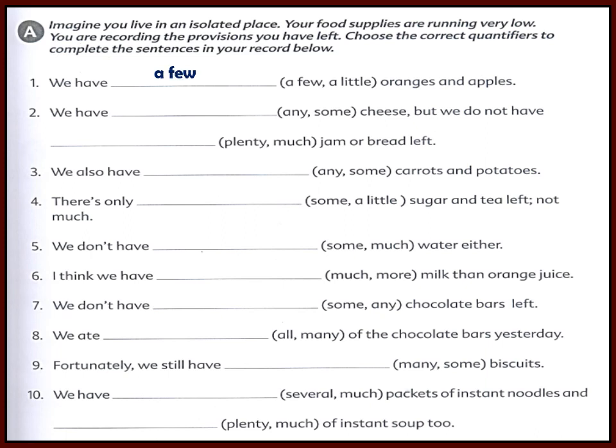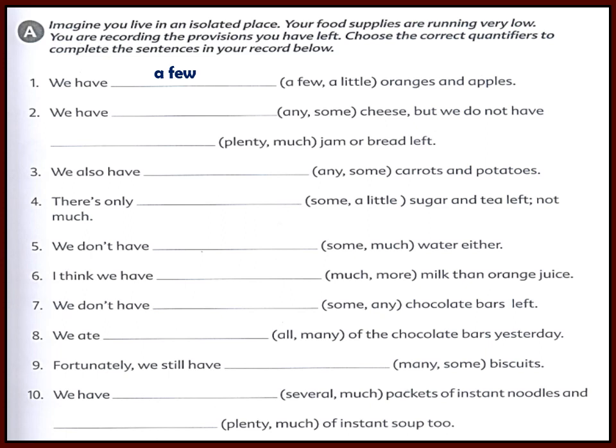A few. Right? What does the second point say? You must have it in your mind. So we have a few oranges and apples, because little, a little we use with non-count nouns. So a few is the correct answer.